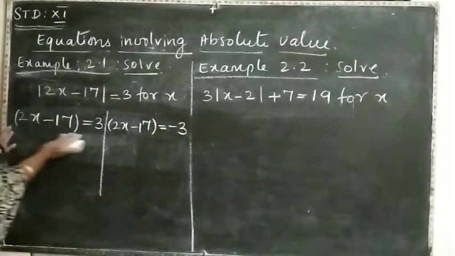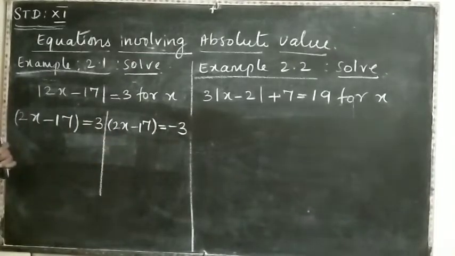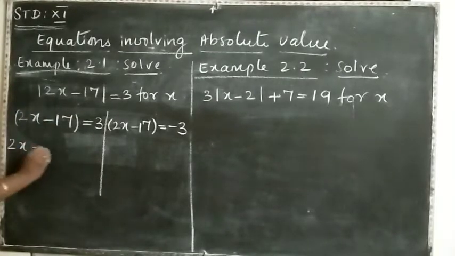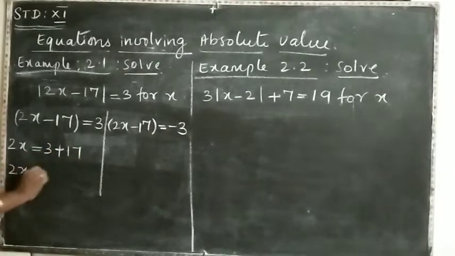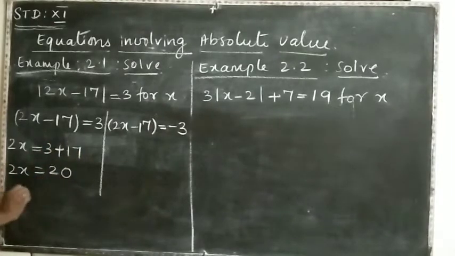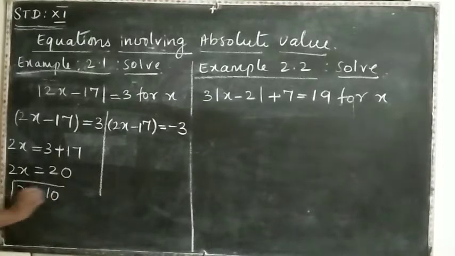Okay, now 2x minus 17 equal to 3 and 2x minus 17 is equal to minus 3. Now we can solve as usual algebraic equations. Now I need to find the value of x. So keeping the x alone on the left hand side, bringing the term towards the right hand side, I get 2x is equal to 3 plus 17. So 2x is equal to 20, so x is equal to 10.